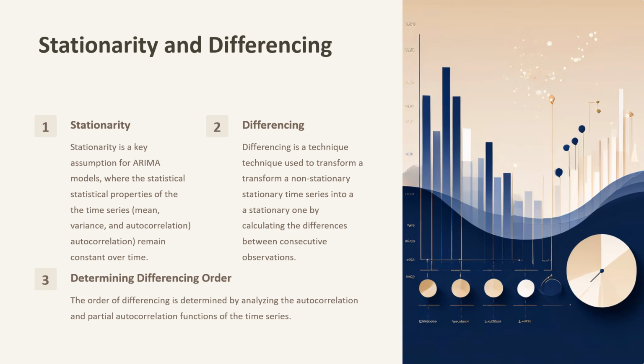Differencing is a technique used to transform a non-stationary time series into a stationary one by calculating the difference between consecutive observations. Number three, determining differencing order. The order of differencing is determined by analyzing the autocorrelation or partial autocorrelation function of the time series.